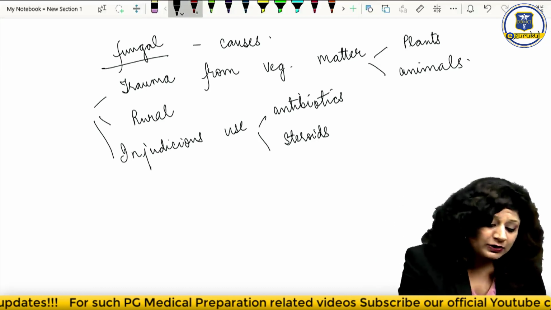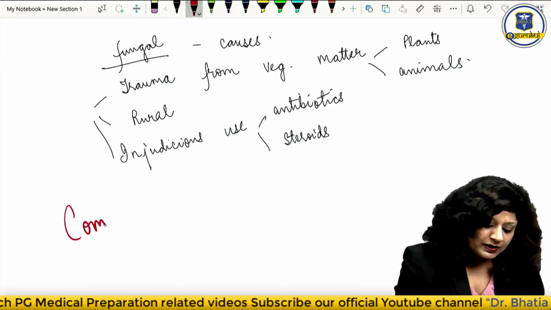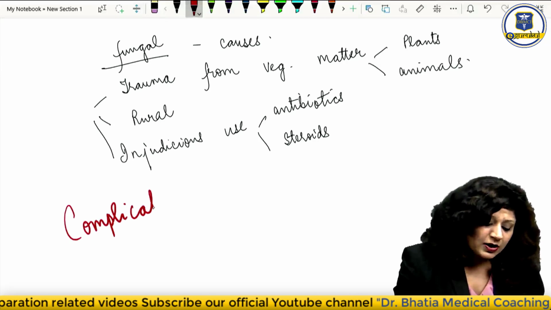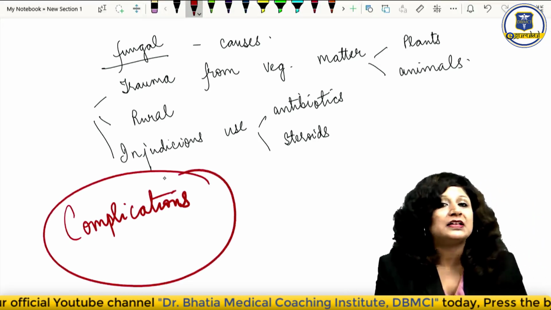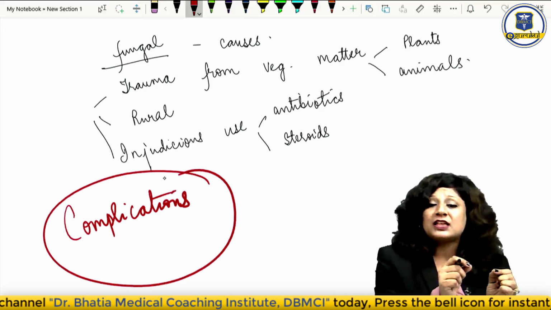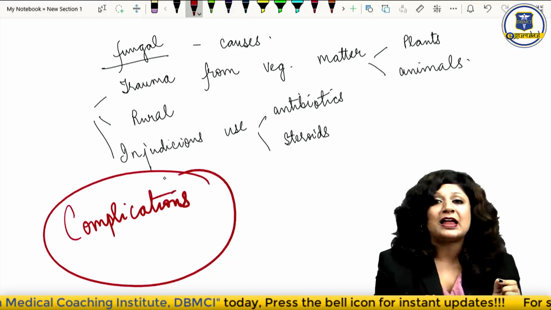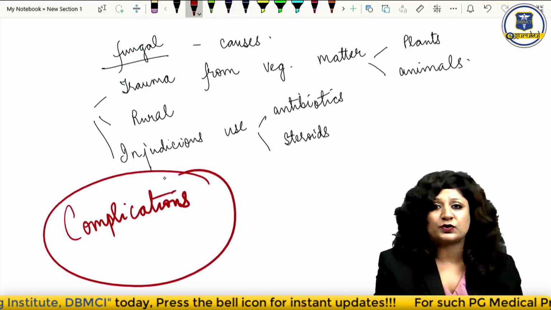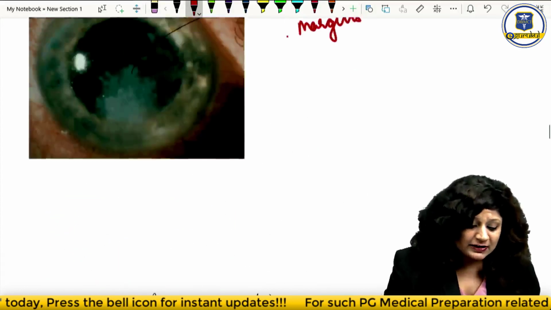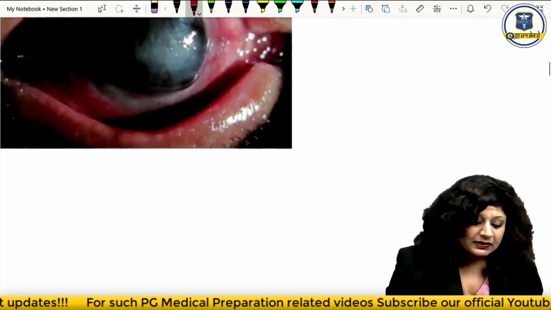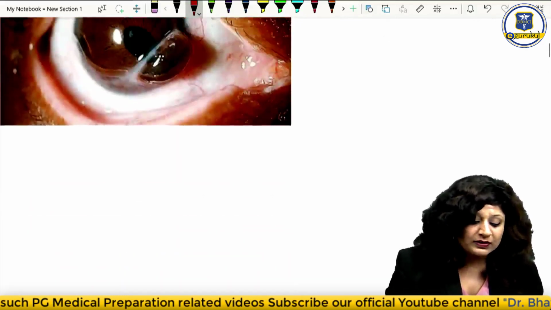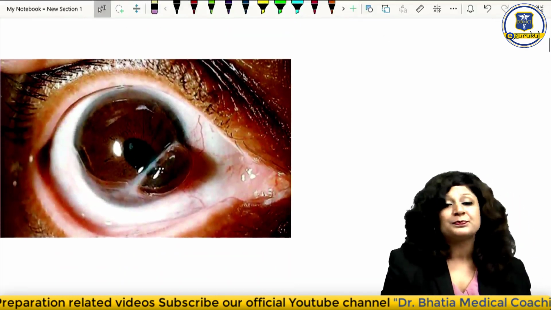Now if I talk about the complications, complications are more common in cases of bacterial corneal ulcer because there you have vascularization, and we require vascularization for the complications. Now let us see what can be the complications due to the bacterial corneal ulcer. The complication depends upon the size of the ulcer.